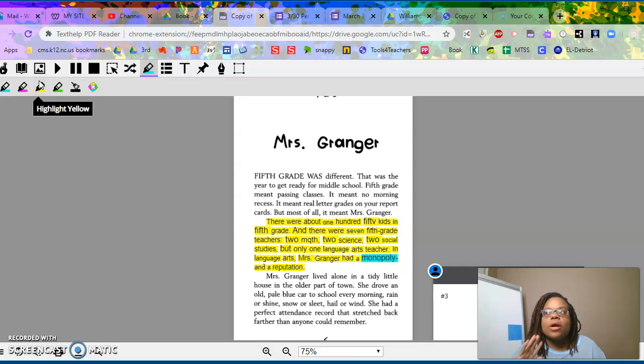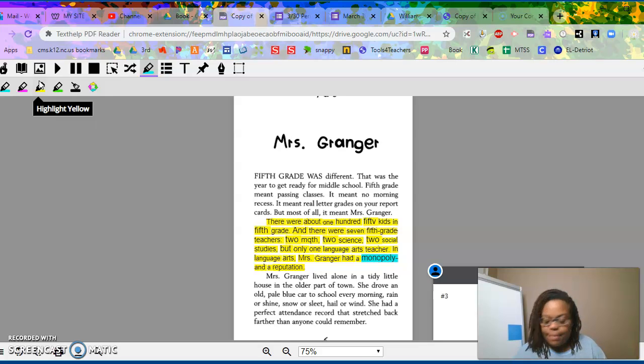So right before it talks about her having a monopoly, it also talks about the different teachers in the different classes. It talks about 7 fifth grade teachers total. 2 of those teachers were math, 2 of those were science, 2 were social studies, but only 1 language arts teacher. Mrs. Granger is the language arts teacher. She is the only one.